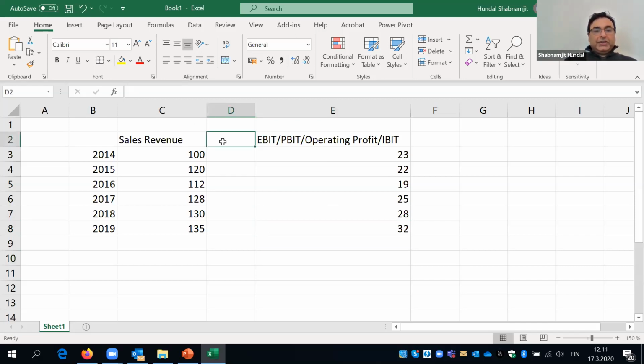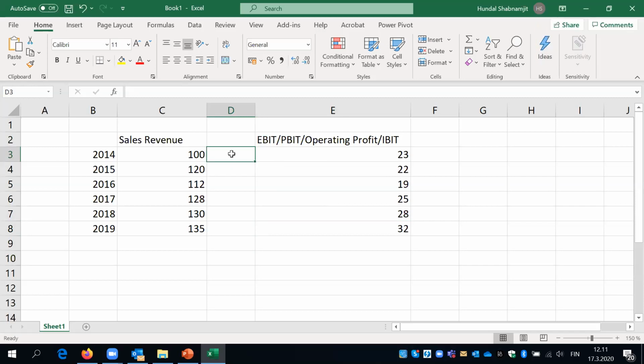Now, here we can find the change. So, for example, change in the revenue. Because we are going in the ascending order, which means from the old value, from the past to the present.